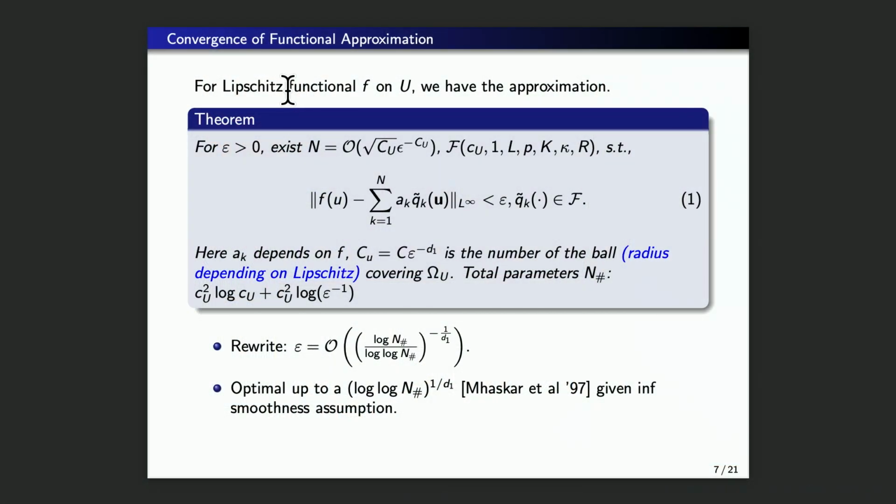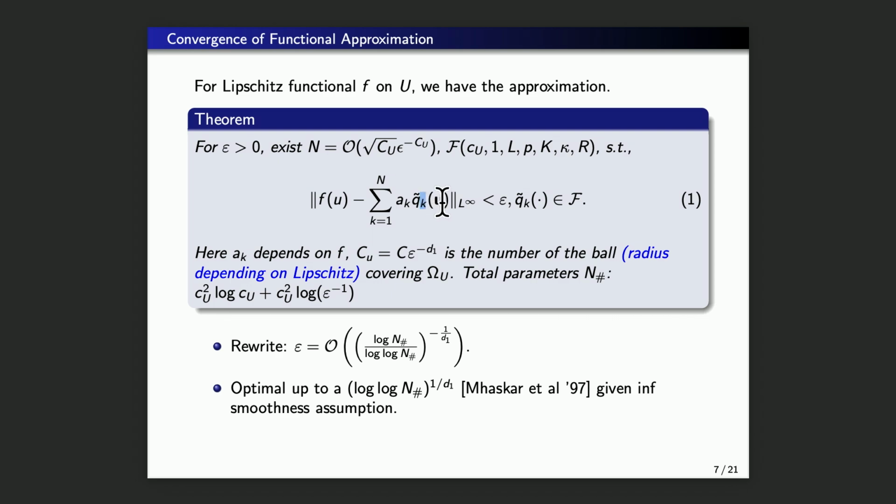Here F will be a Lipschitz functional, and U will still be the same input function space, which we assume is Lipschitz and bounded with some bounded domain. It turns out we can use this structure to approximate the functional, where A_k are some learnable coefficients and Q_k is some neural network structure.